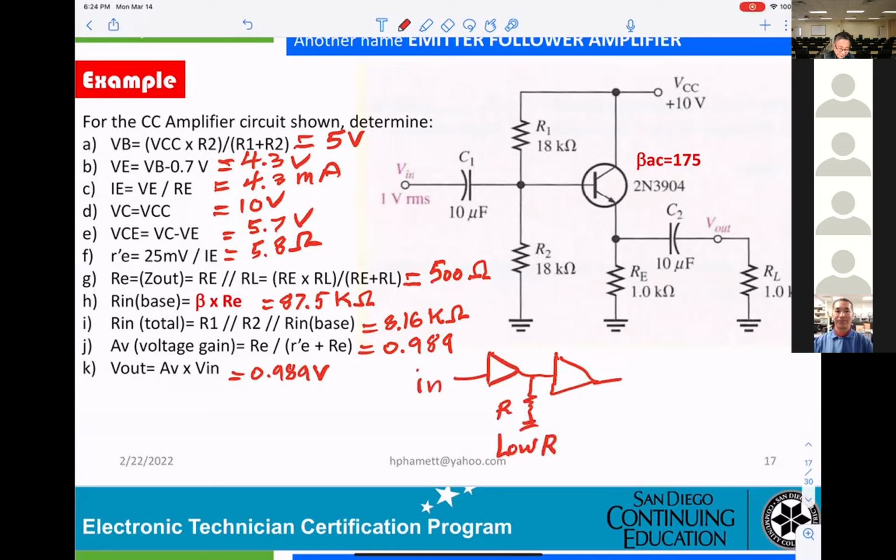This is amplifier 1, amplifier 2. What happened?